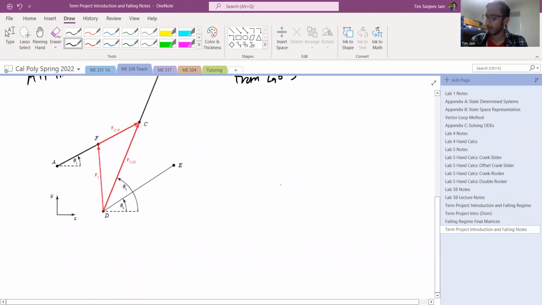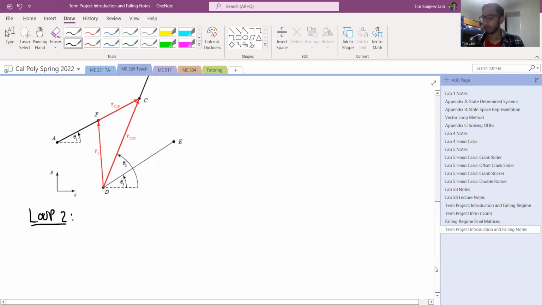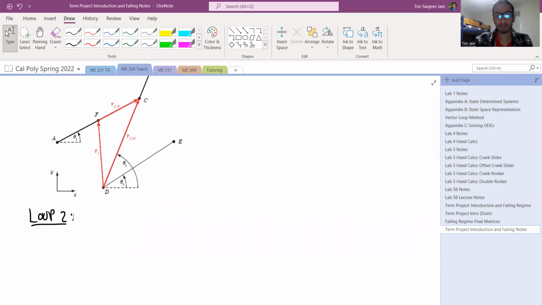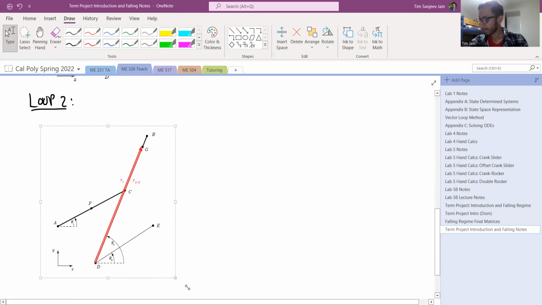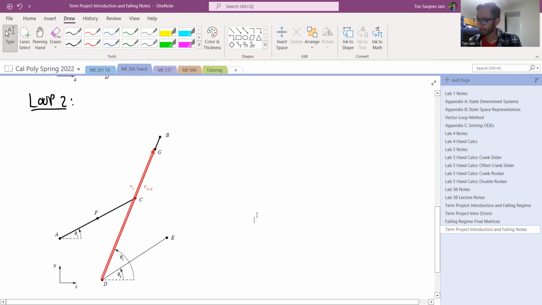And then you have loop 2, which is going to be this here.